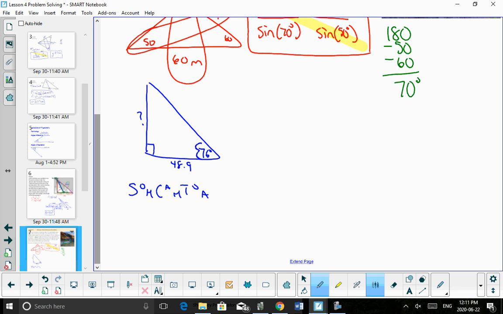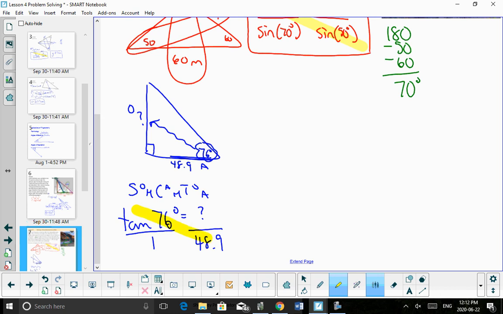you're going to stand at the 76. This is opposite to your position. This is adjacent. Opposite and adjacent is tan. So tan 76 equals opposite over adjacent. Put that over 1, cross multiply and divide. You always multiply without the letter.